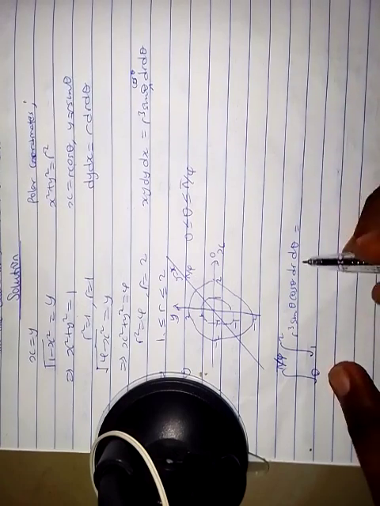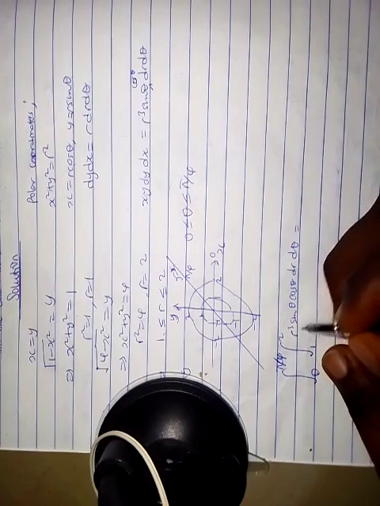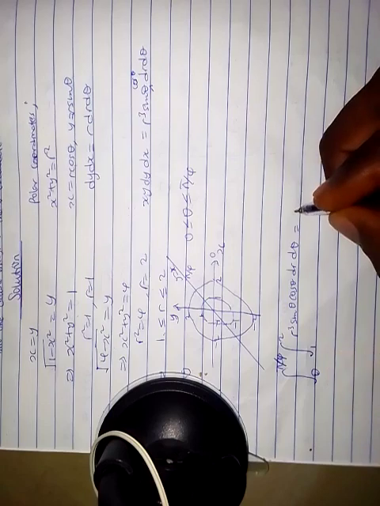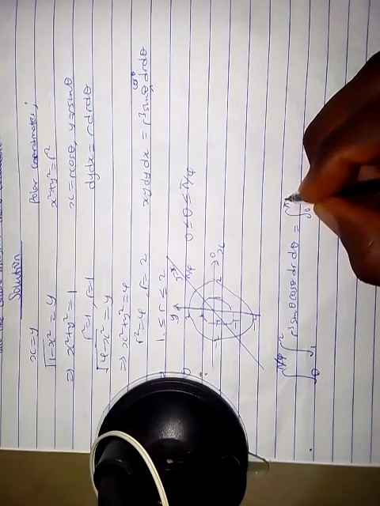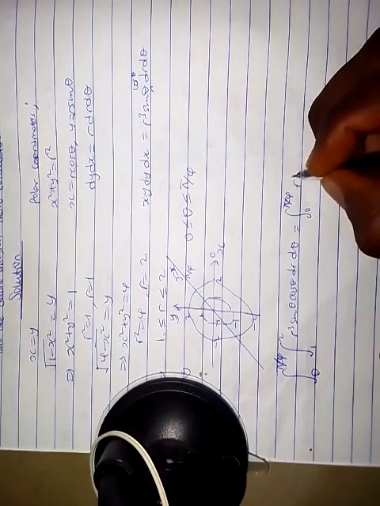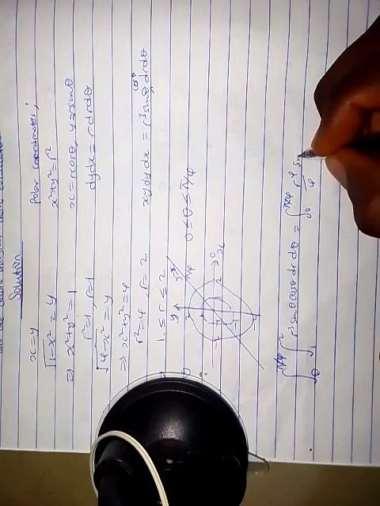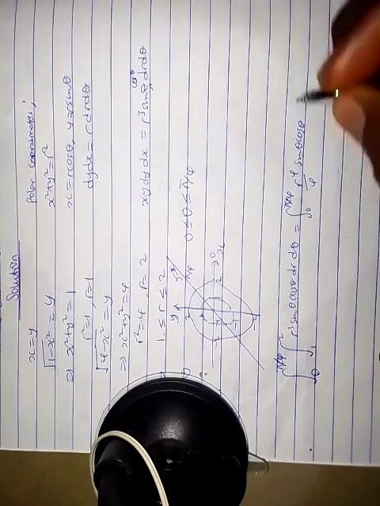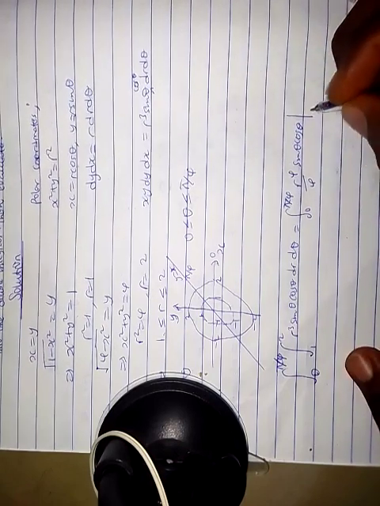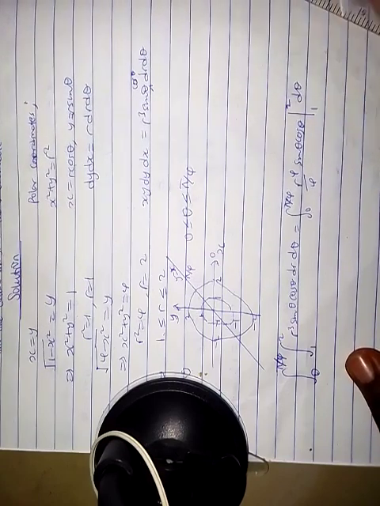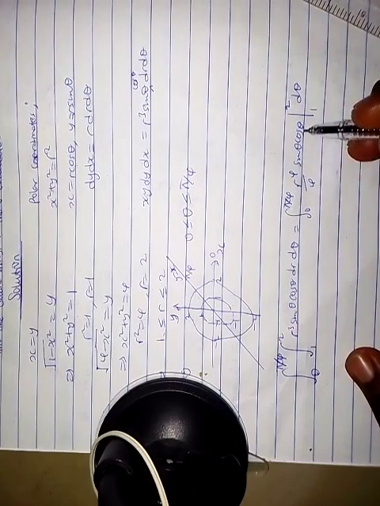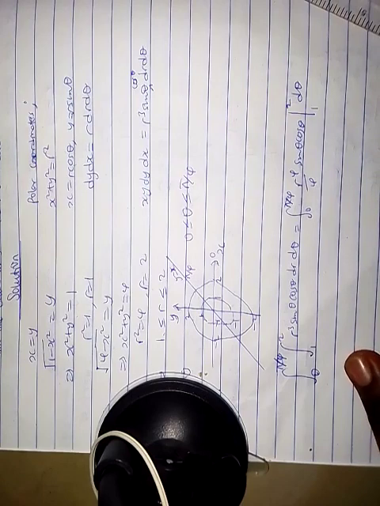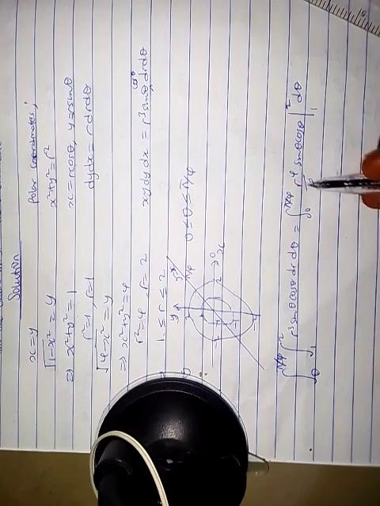When we do our integration with respect to r first, we're going to have the integral from 0 to pi over 4 of r to the power 4 over 4 sin theta cos theta, evaluating r from 1 to 2, d theta. We fix sin theta cos theta and integrate with respect to r.